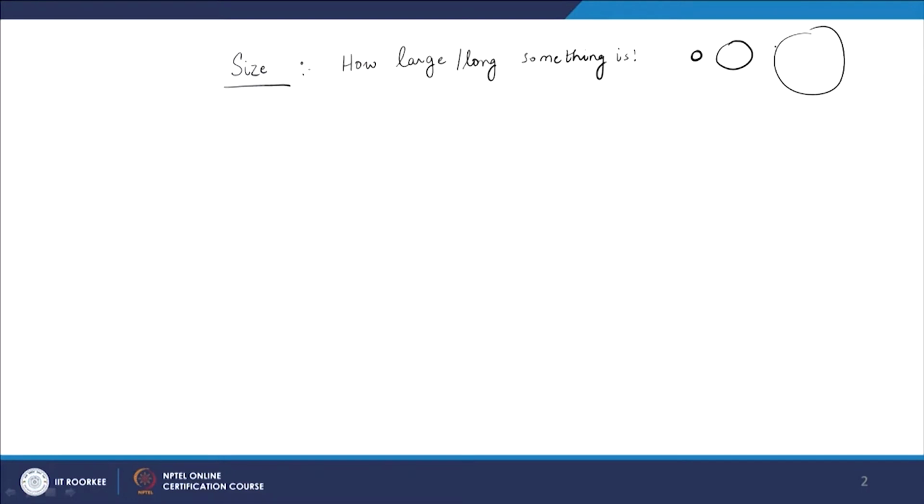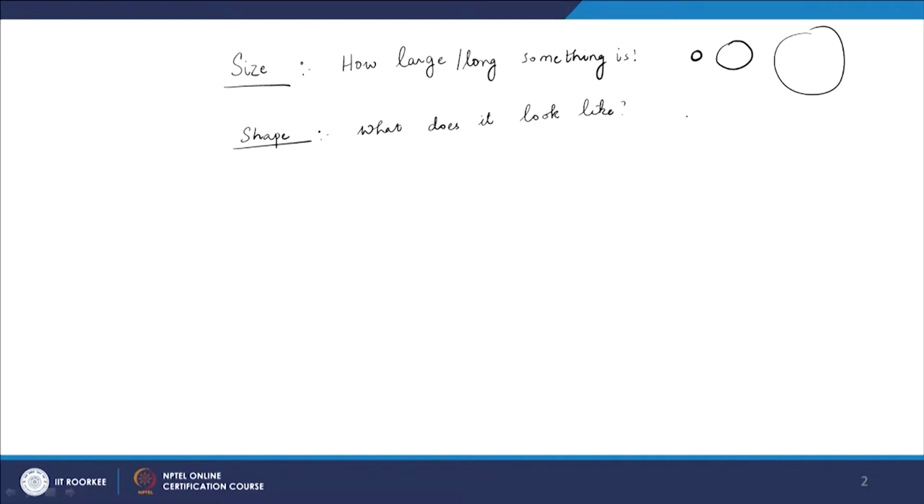This is what is captured by the size. The shape tells you what it looks like. So objects that have the same size may have different shapes.